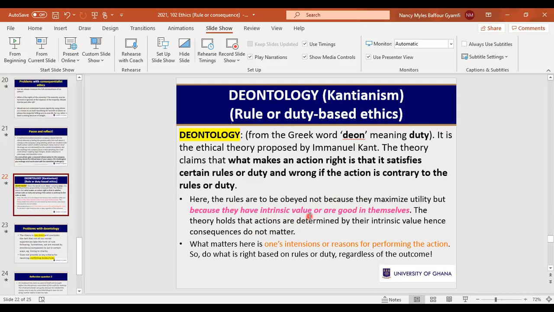And Kant will go further to show you how to determine an action that is good in itself. Telling the truth is good in itself, regardless of whatever consequences it produces. All these are principles that we call good in themselves. So he's saying perform the action, you are telling the truth because it is good to tell the truth.